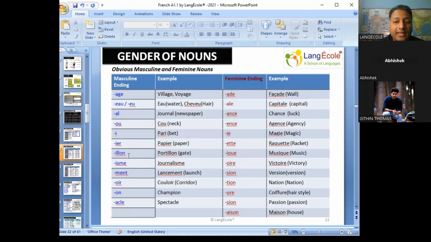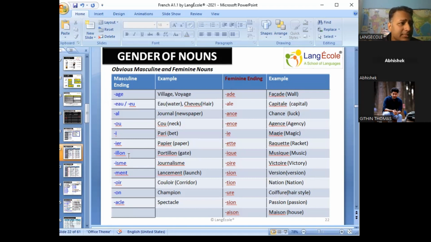ION ending, like pavillon, portillon, is again masculine. Then all the words with ISM, journalism, socialism, capitalism, all these ISM words come from French to English also. All these words are masculine.